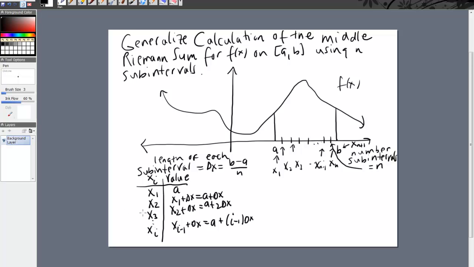So there is the general equation for x sub i.